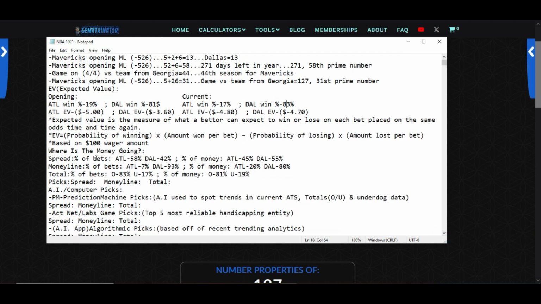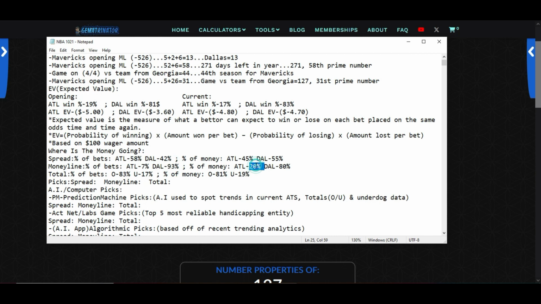But yeah, where is the money going? All right, this is based on SBD, a database website that bases data from multiple sports books and where the bets are being placed. It applies that here. Where's the money going? Atlanta 58%, Dallas 42%. Percentage of money on the spread. These are spreads, that is. Atlanta 45%, Dallas 55%. Money line percentage of bets 7% Atlanta, 93% Dallas.